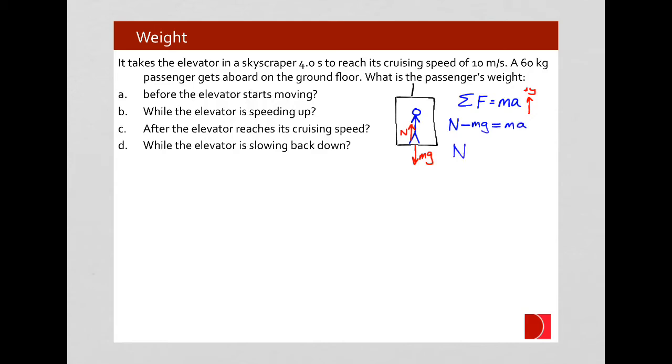Or the normal force pushing up on the person from the elevator floor would have to be mg plus ma. There's a common m that can be factored out. If you factor a g out, you have to divide by g as well. And that's where we got the equation that we saw in the lesson, that the normal force that the person feels is mg times 1 plus the acceleration in the y direction over g.